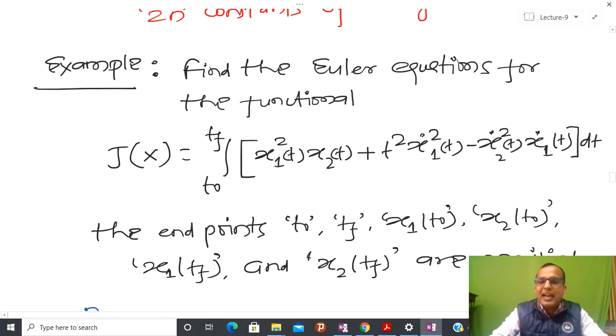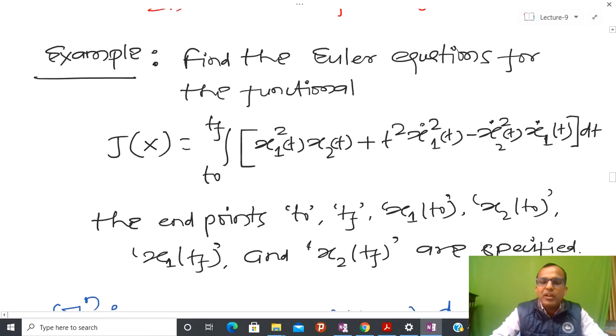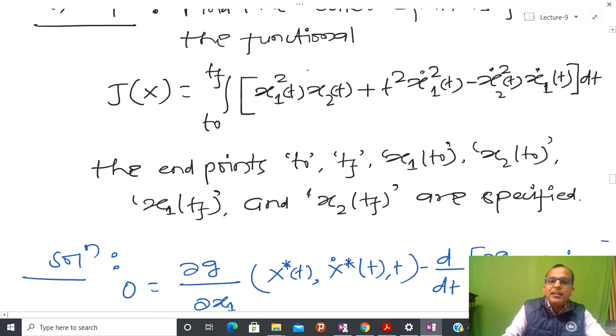So here you can see that in this particular problem, J is a function of x1 and x2, and their derivative terms are also explicitly involved.